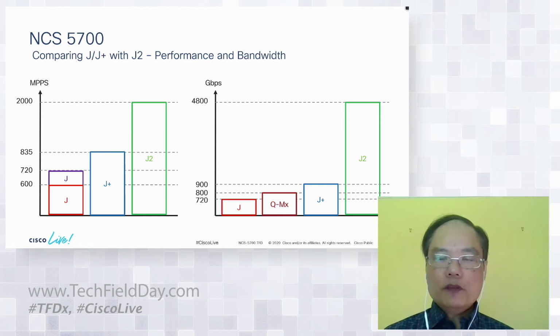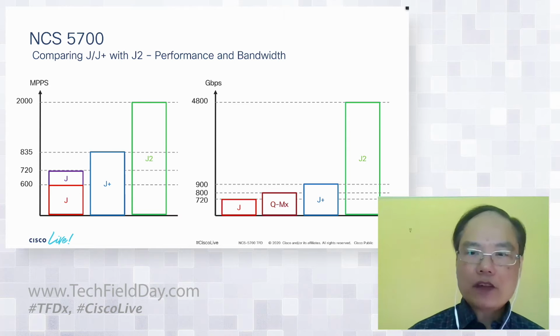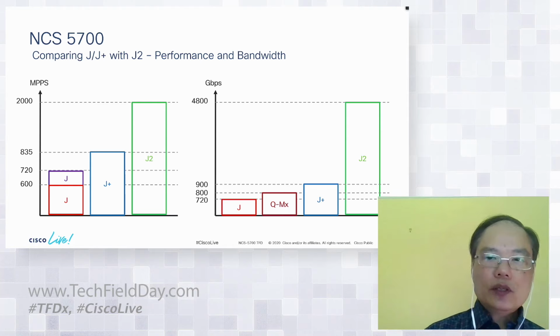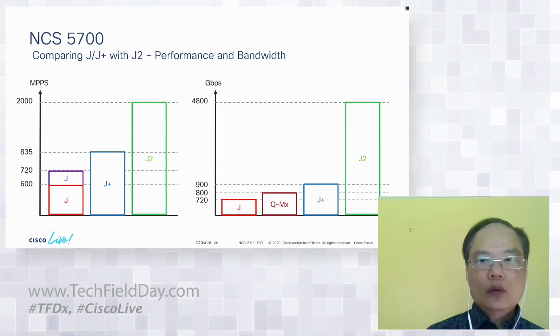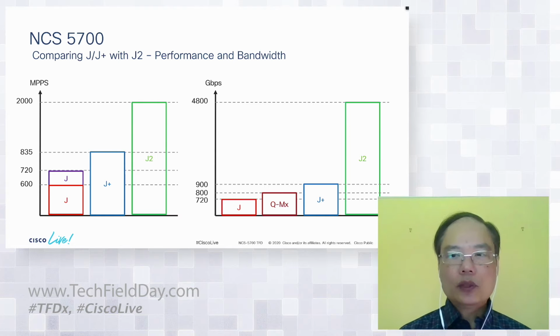In terms of bandwidth, Jericho II increases from 900 gigabits to 4.8 terabits, which is over 5 times better. As you may have noticed, the increase in bandwidth is higher than the increase in PPS, which is an optimization for the current trend of increasing packet sizes due to internet video.